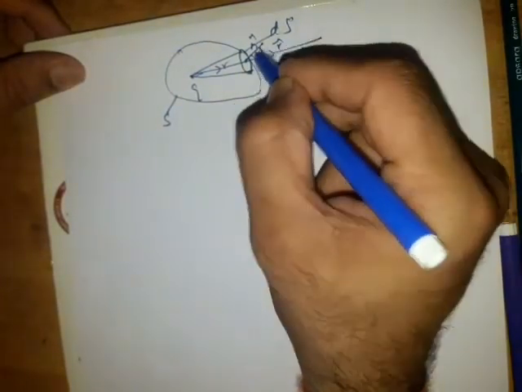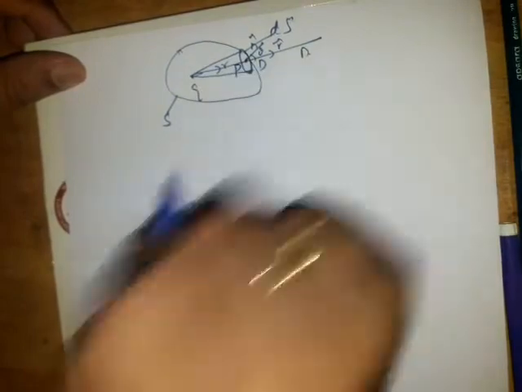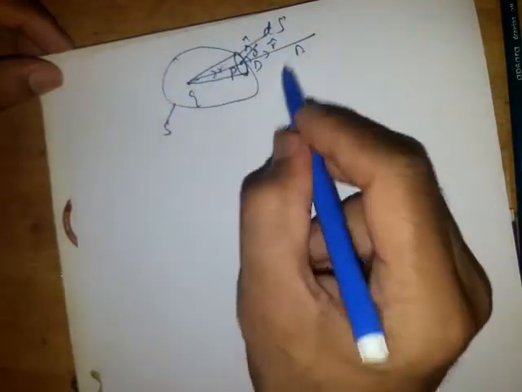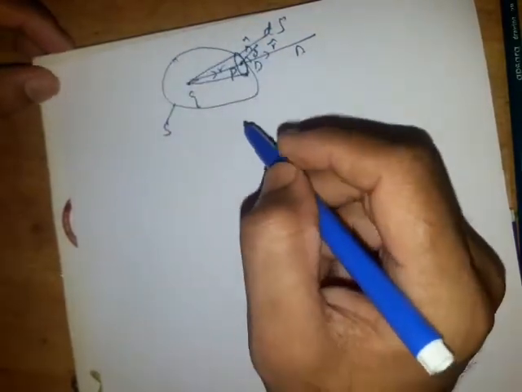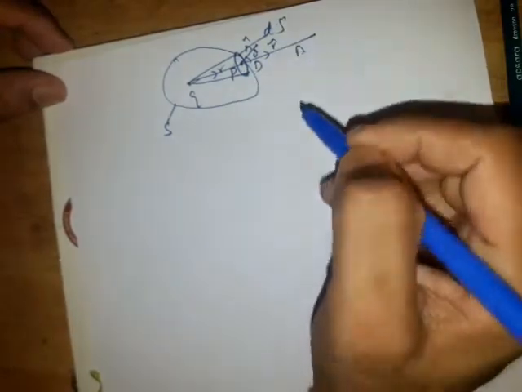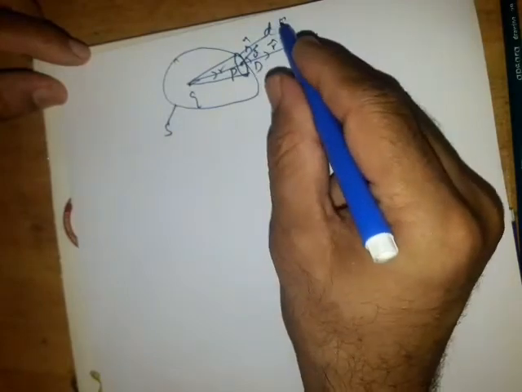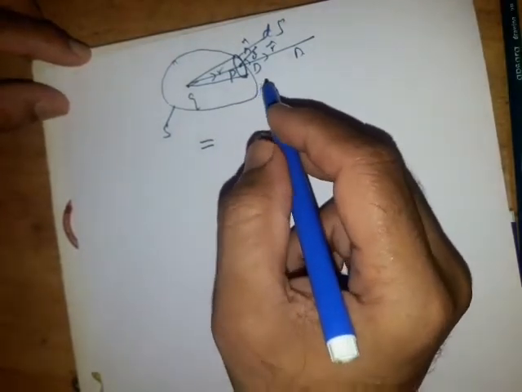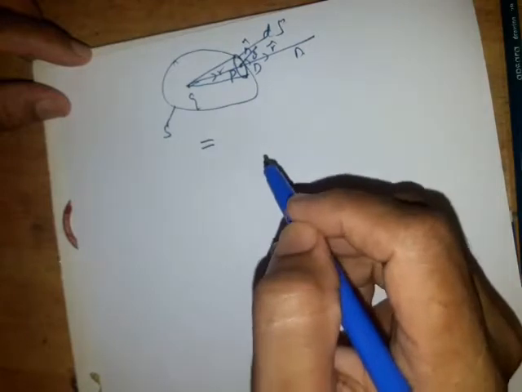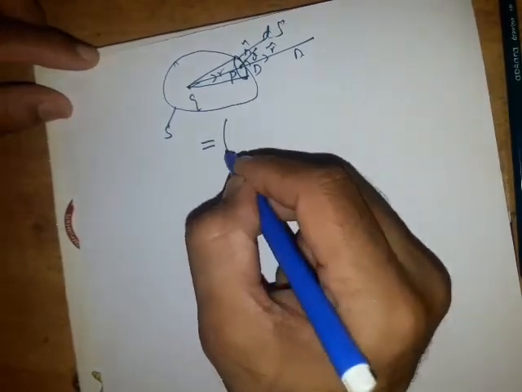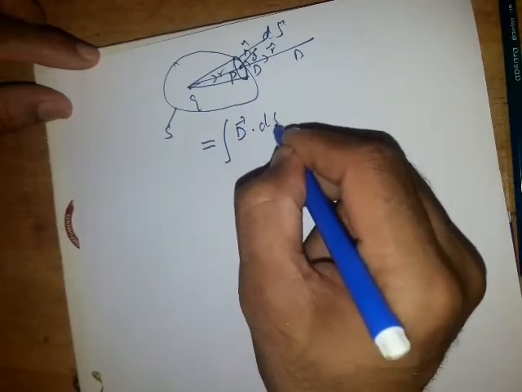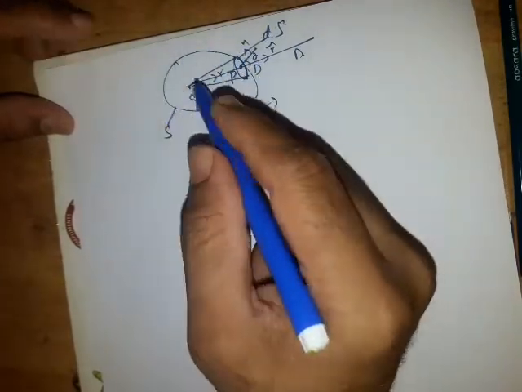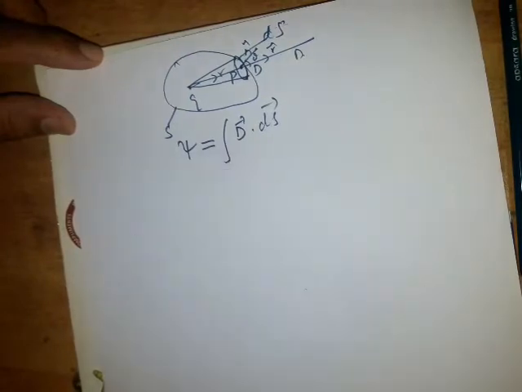This is making an angle theta, and this point I consider, say, a point P. The charge is q, this is the surface S, and here is a small elemental surface ds, and at ds the flux density is D. Now the total flux through the entire surface S is given by the surface integral of D dot ds, and this is psi.